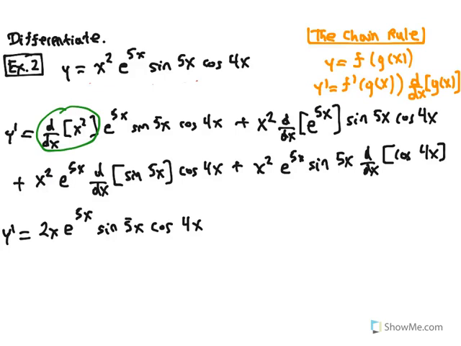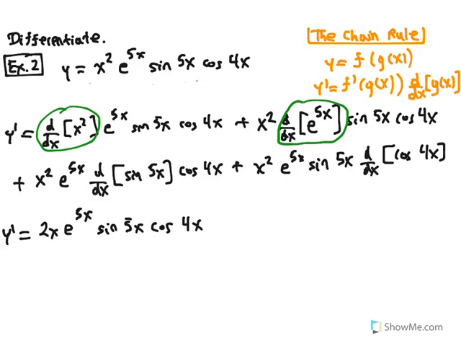And if I'm working with the second term, it's good that I wrote it the way I did in my previous line, but when I'm doing my next line, I may want to write the factors in a different order. For example, I know that the derivative of e to the 5x will be e to the 5x multiplied by the derivative of the inside function 5x, which is 5.